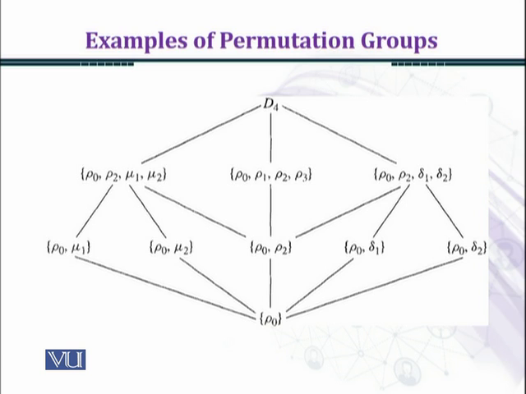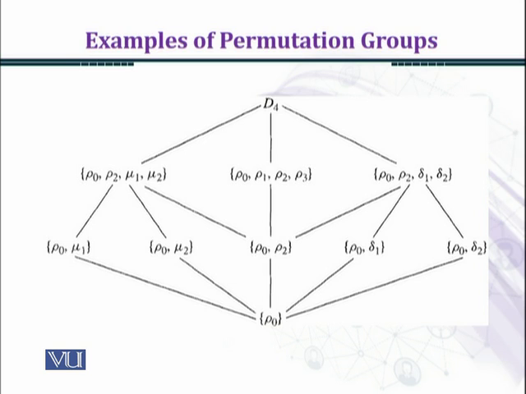If we consider order 4, then we have subgroups: rho naught, rho 2, mu 1, mu 2, and rho naught, rho 1, rho 2, rho 3. This is the cyclic group: rho naught, rho 1, rho 2, rho 3.